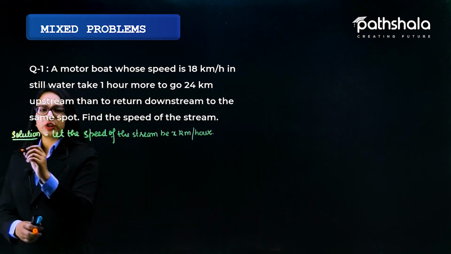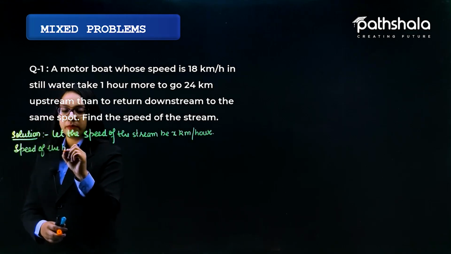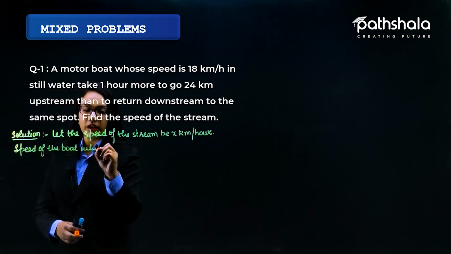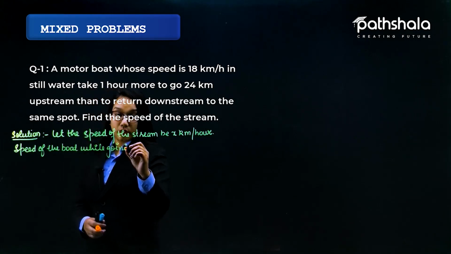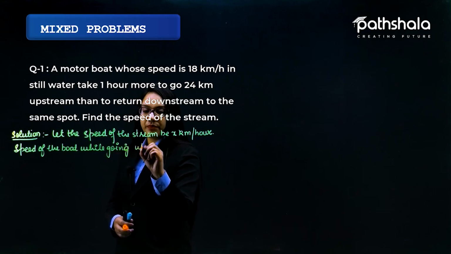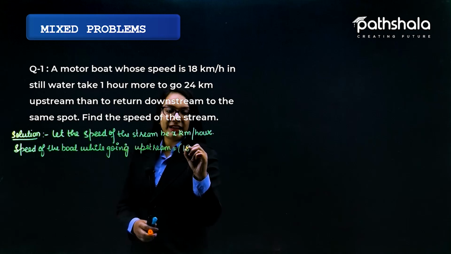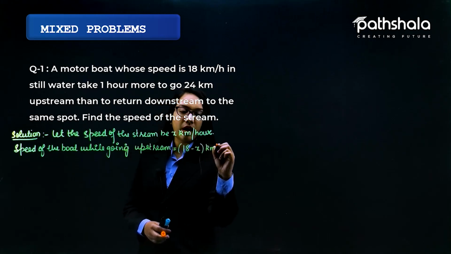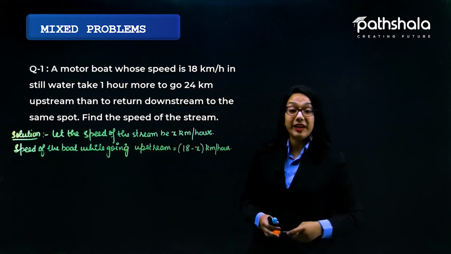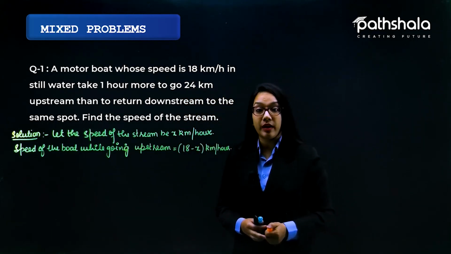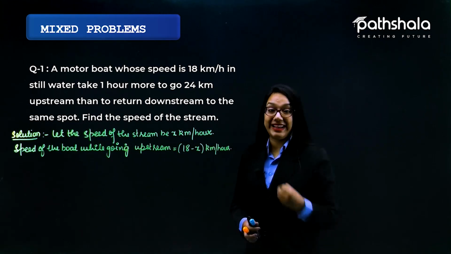So let's talk about the speed of the boat now. The speed of the boat while going upstream would be 18 minus x kilometer per hour, because it is already given that the speed of the boat in still water is 18 km per hour.